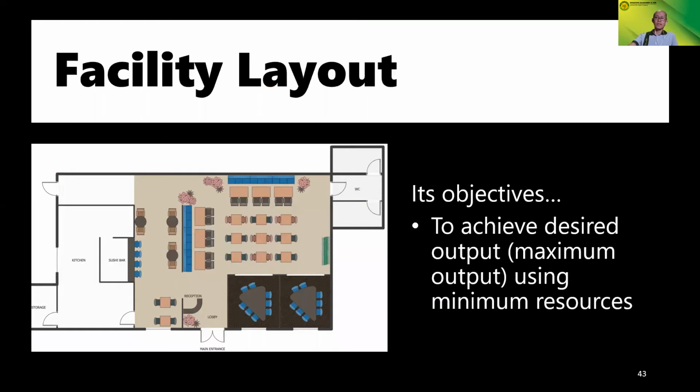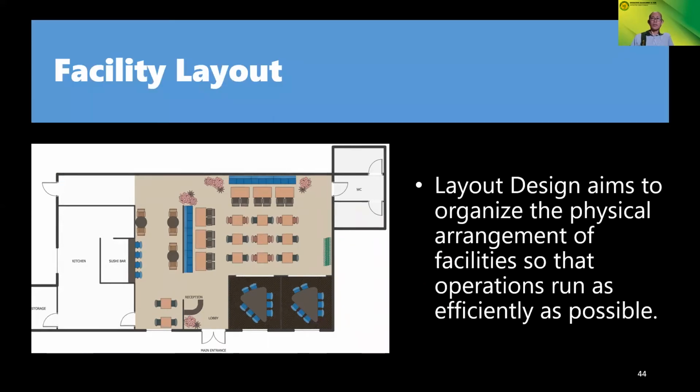To summarize, the objective of facility layout is to achieve desired output or maximum output using minimum resources. Layout design, therefore, aims to organize the physical arrangement of facilities so that operations run as efficiently as possible.